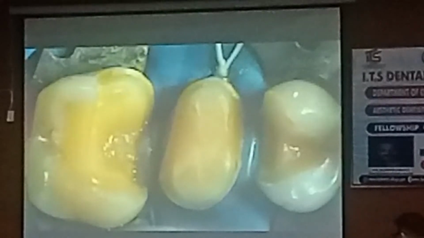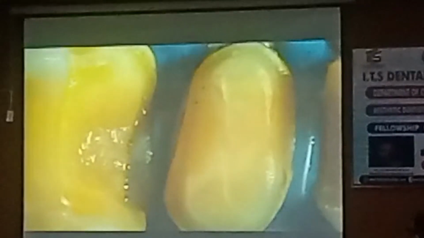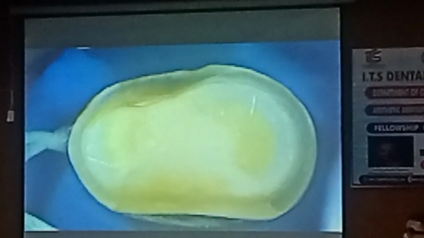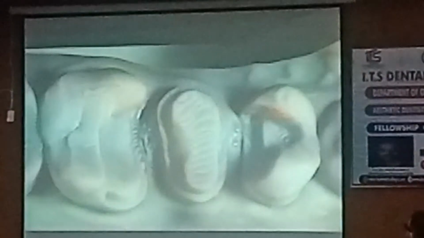So now when you finish, that is how they look. Margins are clear, tooth preparation is fine, and if you see, enamel is maintained here, here, here, everywhere it is enamel. So there is absolutely no chance that anything can go wrong.